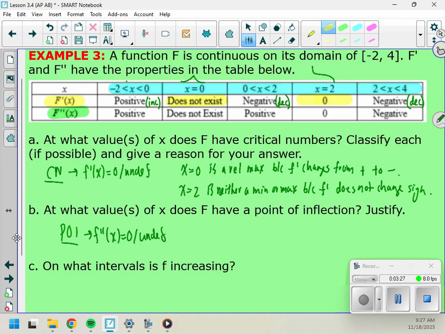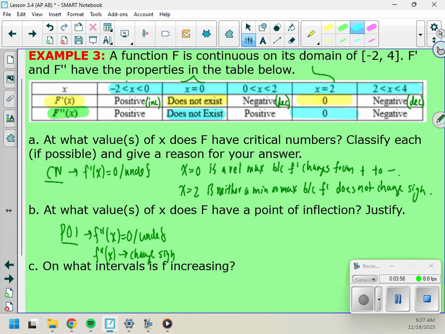So that's going to happen at, again, x equals 0 and at x equals 2. So we have possible POIs at x equals 0 and at x equals 2. But don't forget, f double prime of x also has to change sign, okay, in order for us to have a point of inflection.